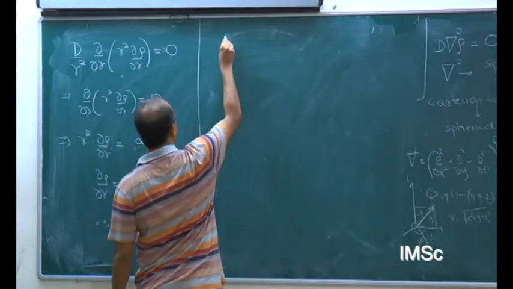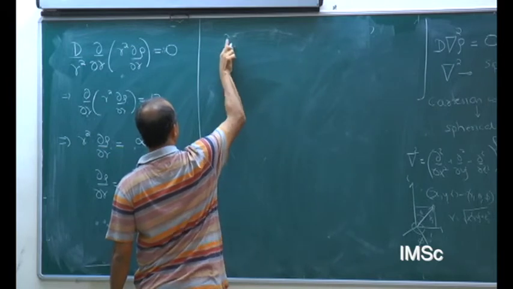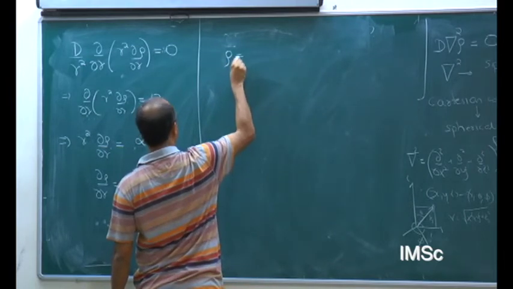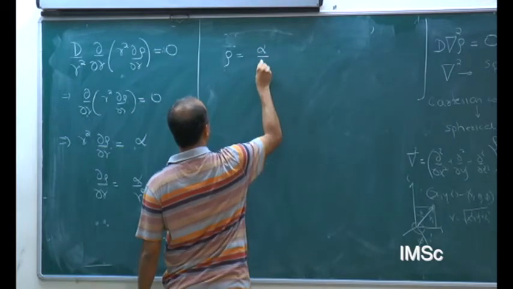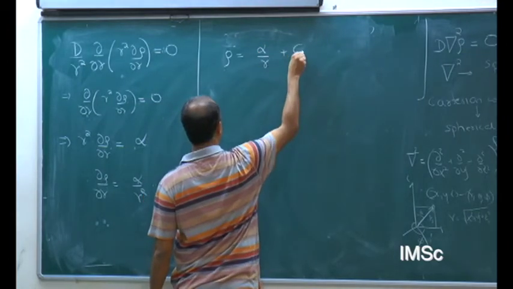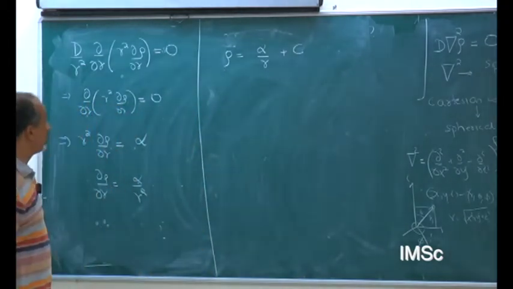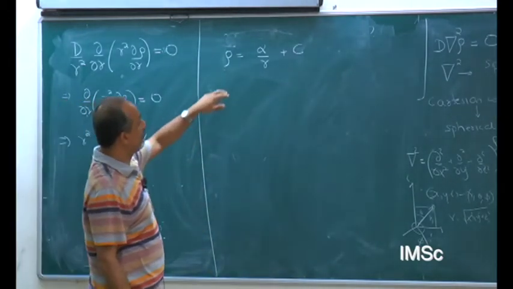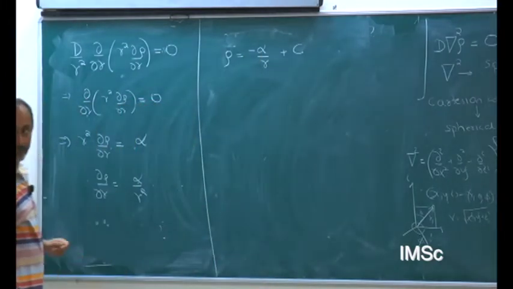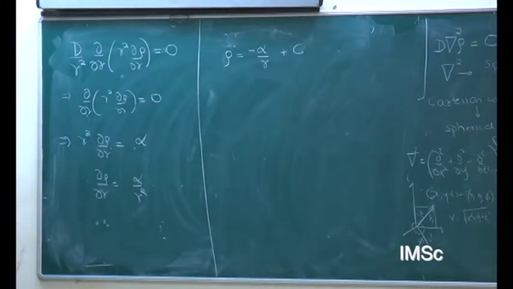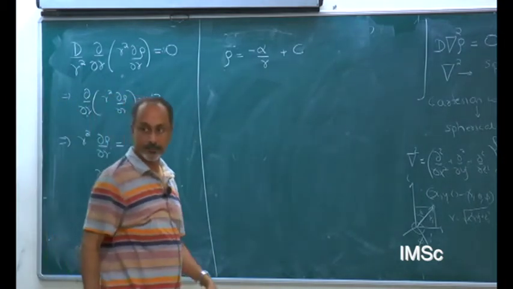Rho takes the form alpha divided by r plus a constant. So, let us just check how this works. Take one derivative of this, I get minus 1 by r squared. So, I should put a minus alpha there to get the right sign to be consistent with this particular sign, plus a constant here.